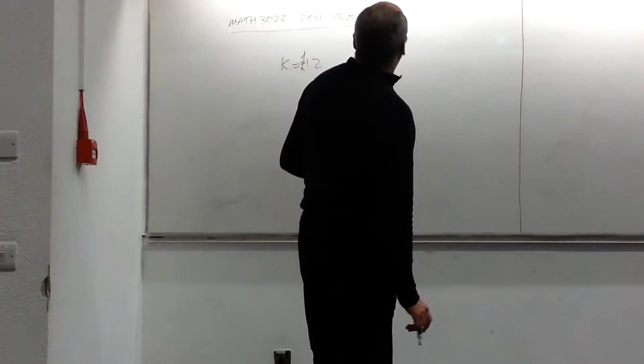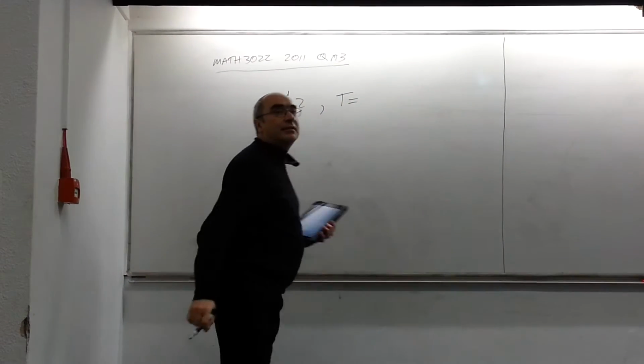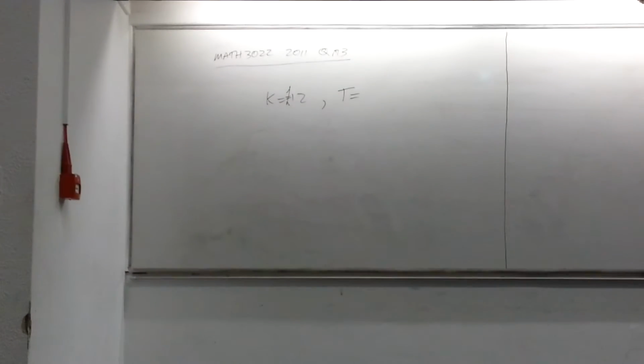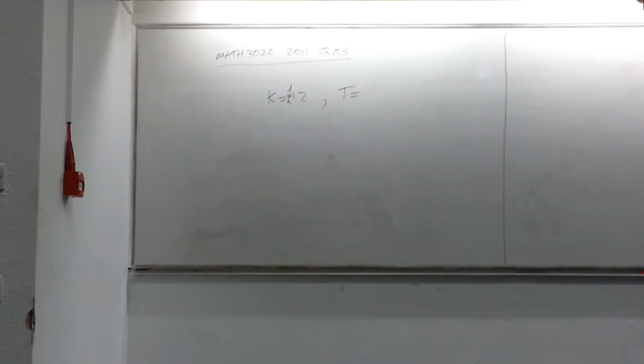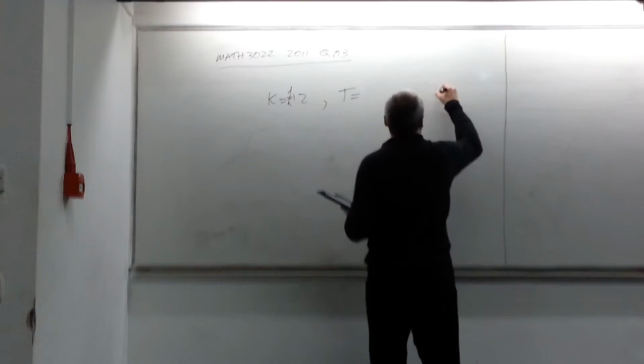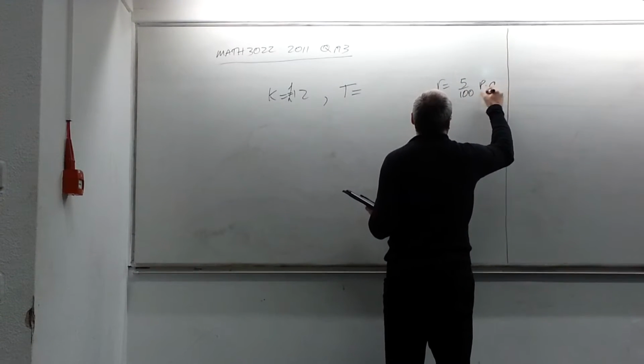With the same expiry after 3 months. So the expiry date is, and the key thing is now, what is the unit of time? Here we've got it in months, but you are told that the risk-free rate is 5% per annum. So R is 5 over 100 per annum.